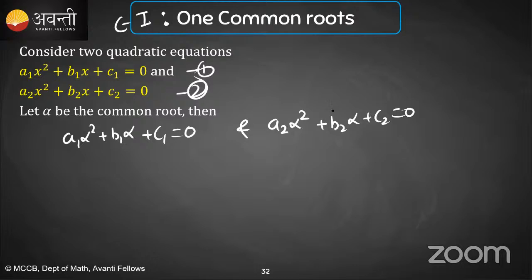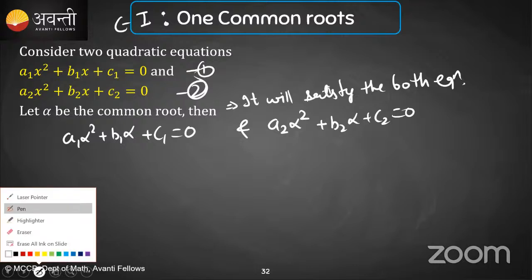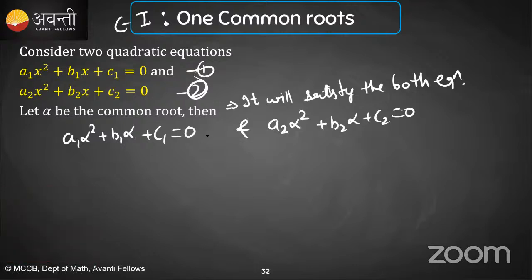Alpha is a common root, so it will satisfy both equations. Clear? Okay. So now let's call this equation 3 and this equation 4.